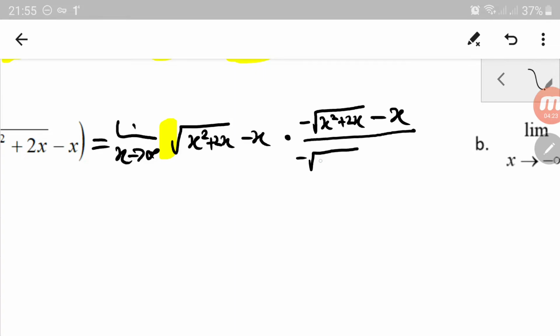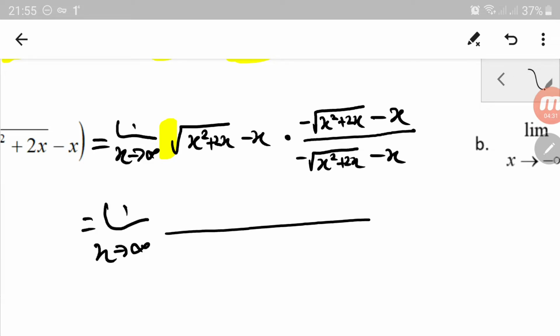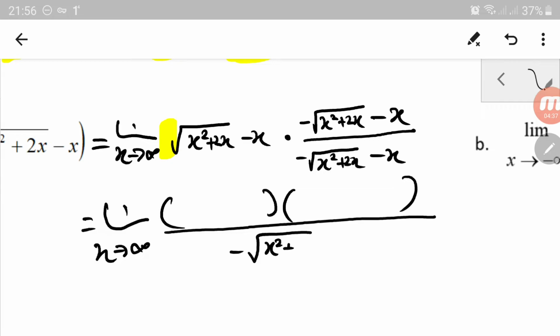And then this one you copy paste, limit as x approaches infinity. We copy paste them side by side first. Don't be too hasty, otherwise you will invite careless mistakes.